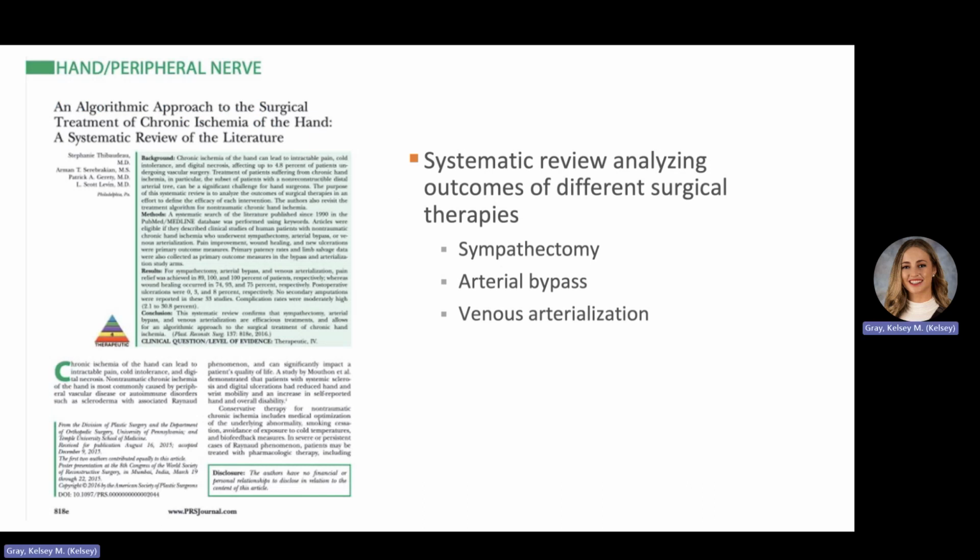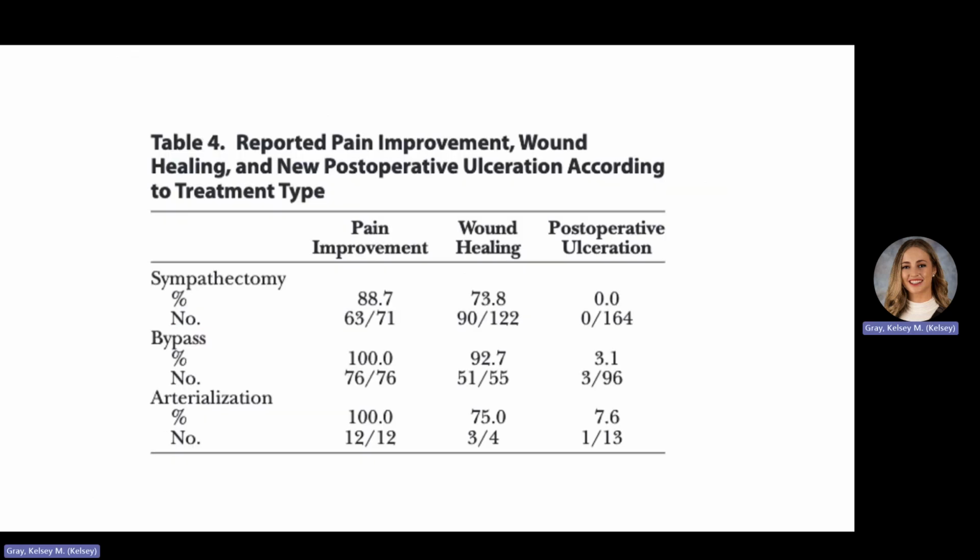A systematic review out of Penn presented a treatment algorithm of chronic ischemia of the hand. They found in their review that sympathectomy, arterial bypass, and venous arterialization resulted in pain relief in 89, 100, and 100% of patients respectively, whereas successful wound healing occurred in 74, 93, and 75% respectively.